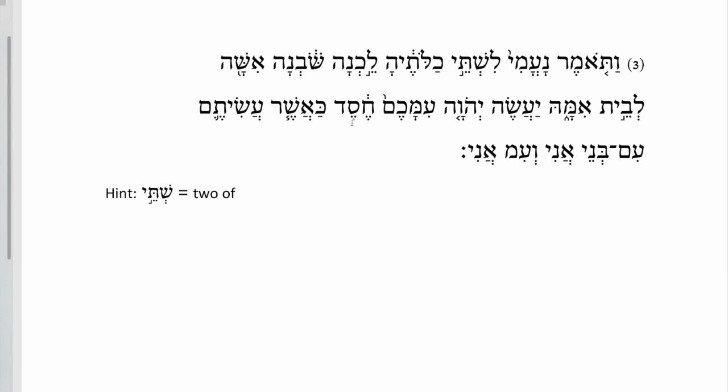So Isha means a woman, that means each of you two women, Ruth and Orpah, levet to the house of Ima. Aim means mother, Ima means her mother. So in English, this would be each to the house of her mother. But you can also translate this as every woman to the house of her own mother, or something like that. For the two of you, that is Ruth and Orpah.